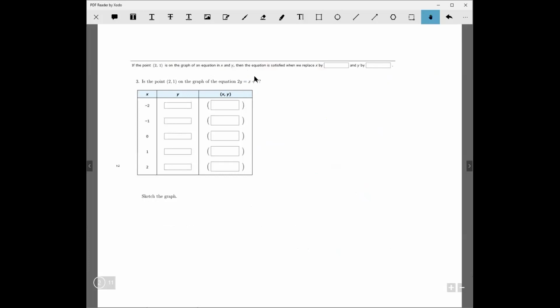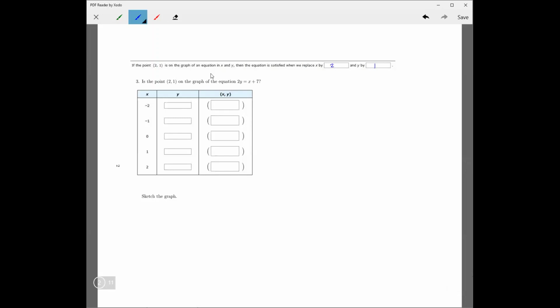Now, the first component in an ordered pair is the x value, and the second component is the y value. To be on the graph of an equation, so let's say this is an equation right here, the equation is satisfied when we replace x by 2 and y by 1.